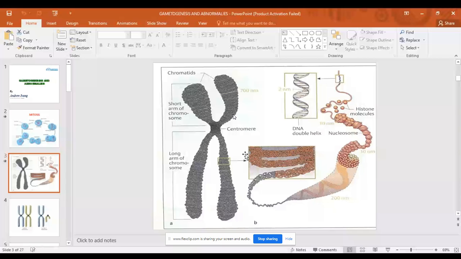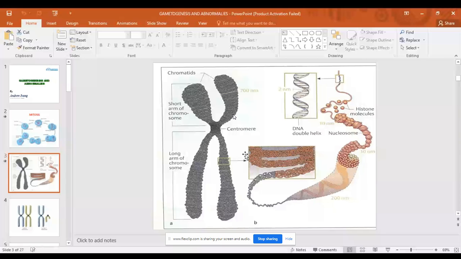So all this material is within the chromosome. Mitosis tries to ensure that this material is accurate and in complete number. We have 46, is it 46 chromosomes? Yes, sir, 46 chromosomes.